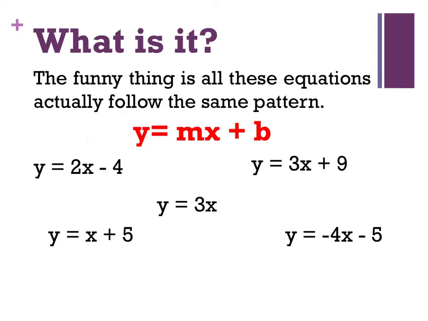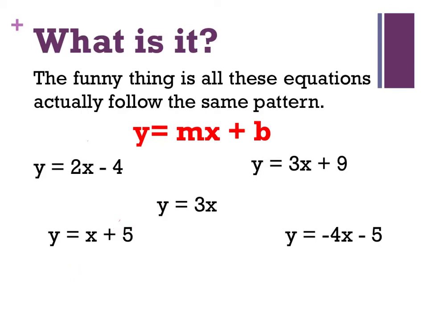So if I see this equation y equals x plus 5, following the idea that all straight lines follow a similar formula, this is telling me that my gradient is 1 and that my line is intercepting my y-axis at 5. That's not too bad. That also follows the same pattern. Isn't that interesting?